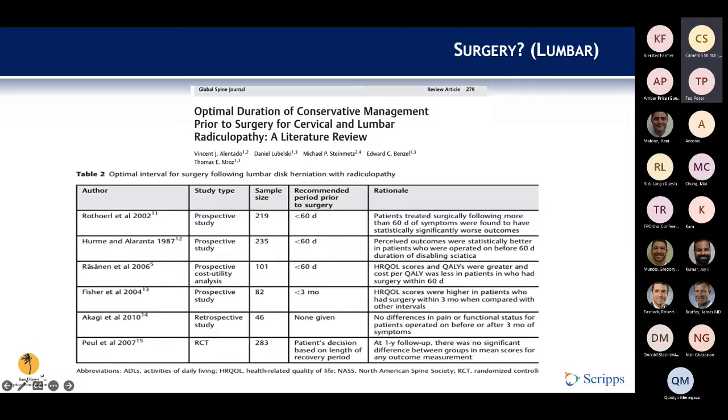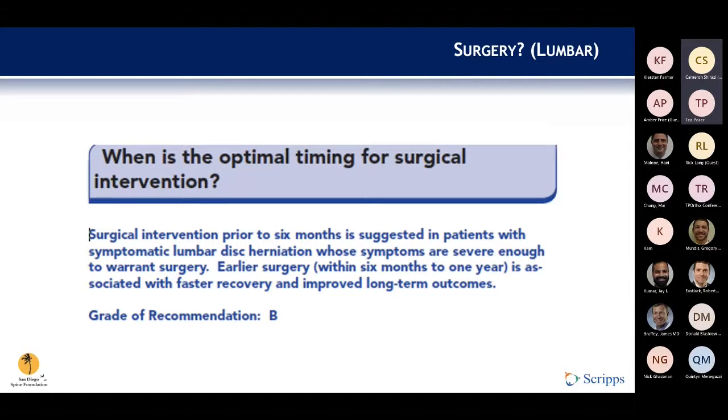And then the last two didn't really give any times, but these point to the fact that their patients did seem to get better functional improvements and outcomes if they were treated within that first 2 months, maybe stretch it out to 3 months when you include this paper. So timing is important if you are considering surgery, in terms of maybe potential benefit for these patients. And so that's how you come to this being a Group B recommendation.